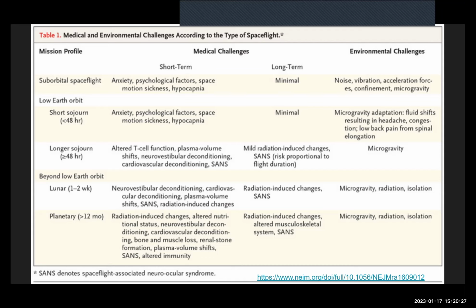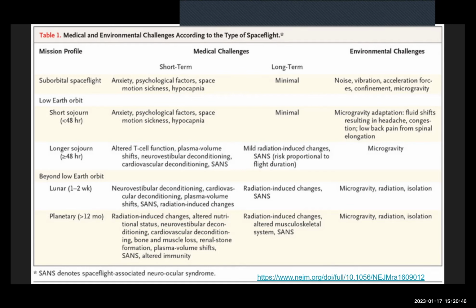So the bottom line is, on a short flight like suborbital spaceflight, which is 11 minutes, probably not an issue. But if you're sending humans to the ISS who aren't rigorously screened for 30 days or more, then the medical reasoning becomes a little bit more complicated.